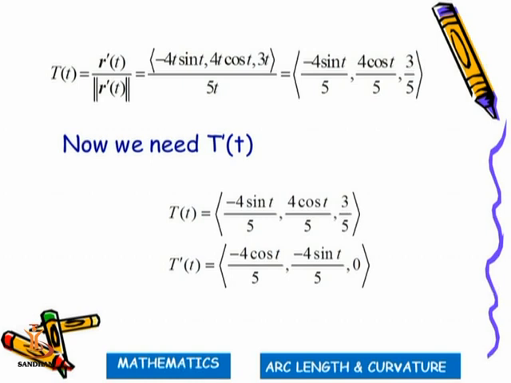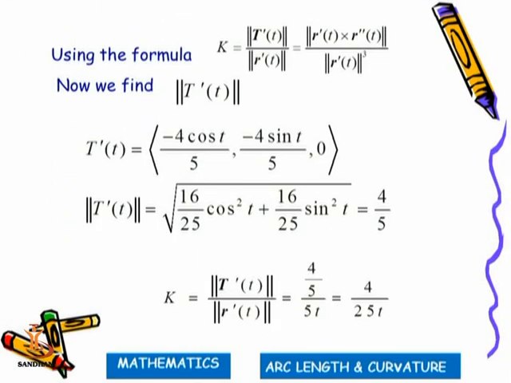So we need capital T. Now T dash we require. So the derivative of sin t is cos t, and of cos t is minus sin t, and the last term is a constant having derivative 0. Using the formula of curvature, k is the norm of T dash upon r dash.